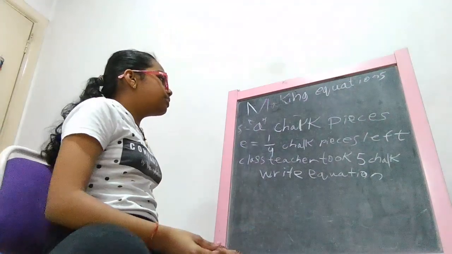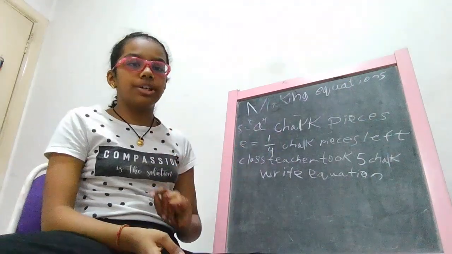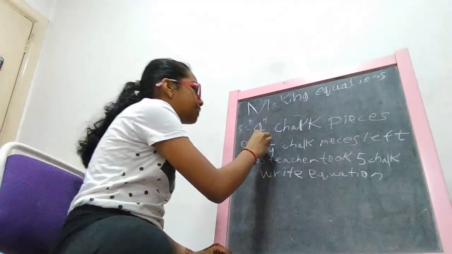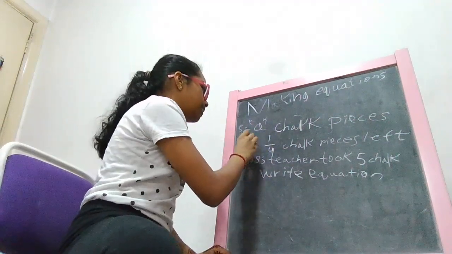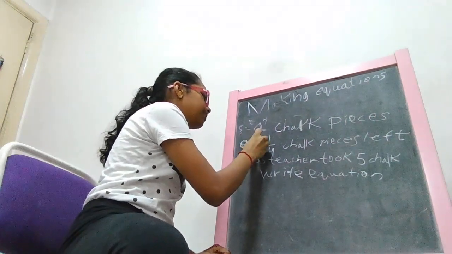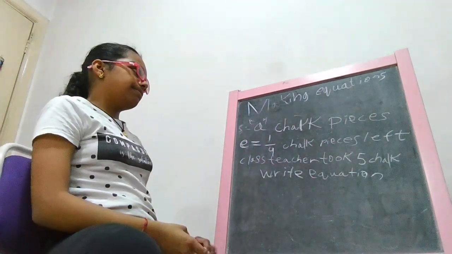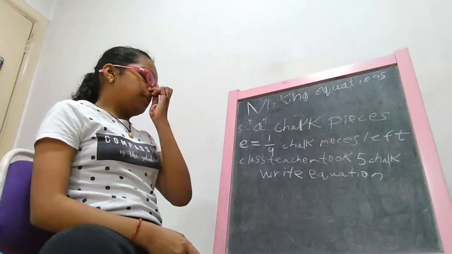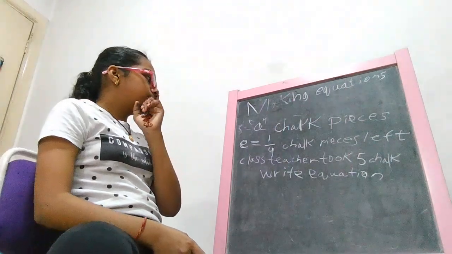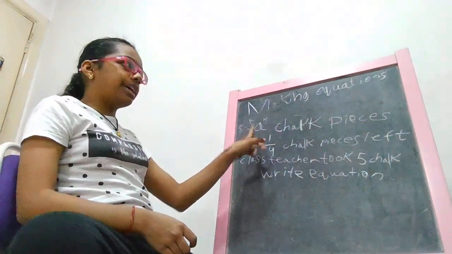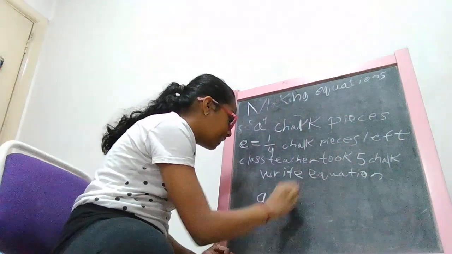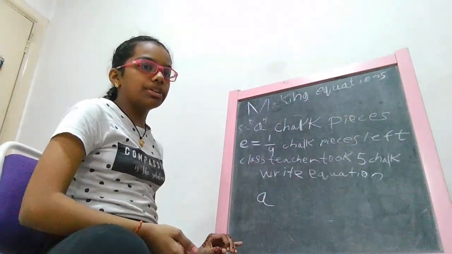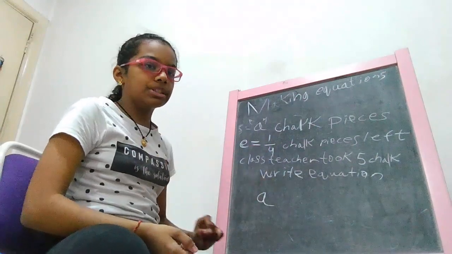Okay. So A number of chalk pieces at the start of the year. Now let's give this a letter first. Let's say A. So now at the start of the school year we had A number of chalk pieces. So first we write A, and then at the end of the school year we had quarter the chalk pieces left, right?